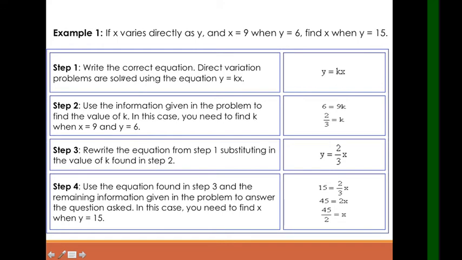So, dito sa ating problem, x equals 9, tapos yung y equals 6. Find the x when y is equal to 15. So, ang sinusolve natin din is yung x.